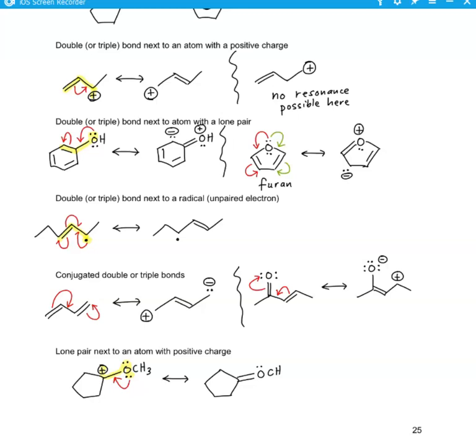That's going to give you a major contributor because you've satisfied everyone's octets. That means it's okay to have that positive charge on that oxygen. And that brings us to the end of the packet.